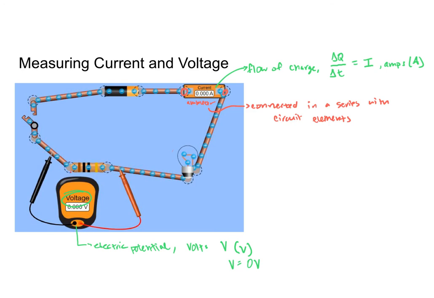Now, when we connect our voltmeter to our circuit, we want to connect our voltmeter across a circuit element. So instead of having it in line with our circuits, instead of having it in series, we want it to be what we call parallel to circuit elements.